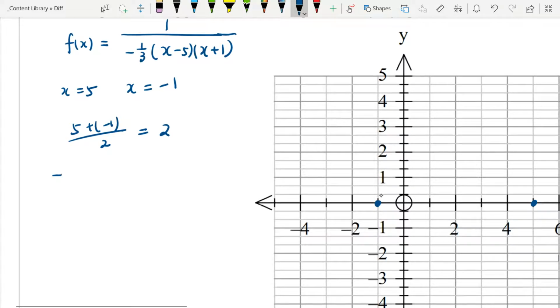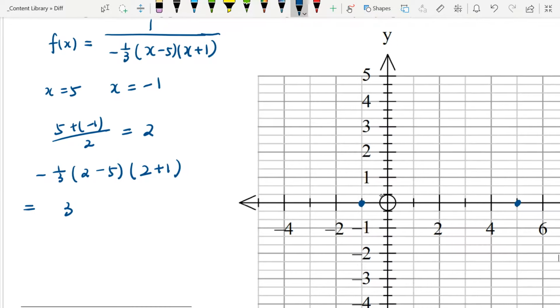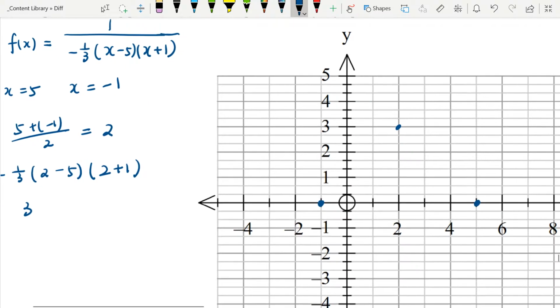So -1, 2 minus 5, and 2 plus 1. What that equals to? That's 3, right? -3 times -3 is 1, and 2 plus 1 is 3. So I have 2 comma 3, which is here. And it's a downward graph.